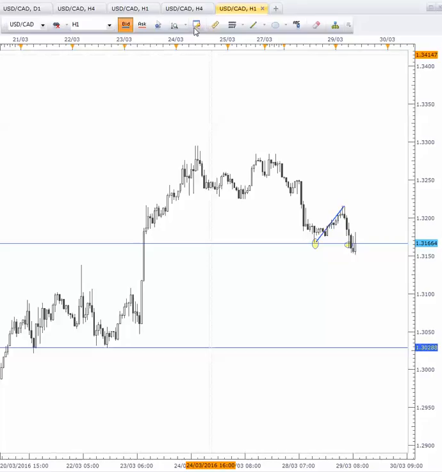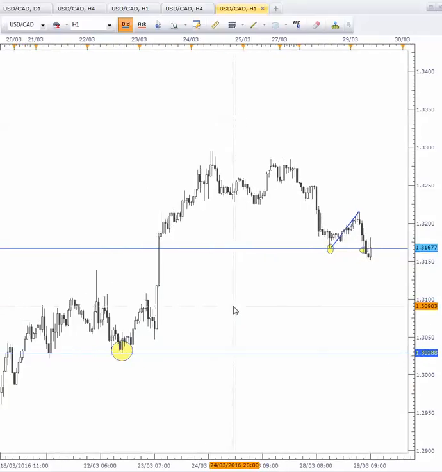Well, it could potentially go right down to this point here that it's coming from, which is 132.88. So 132.88.